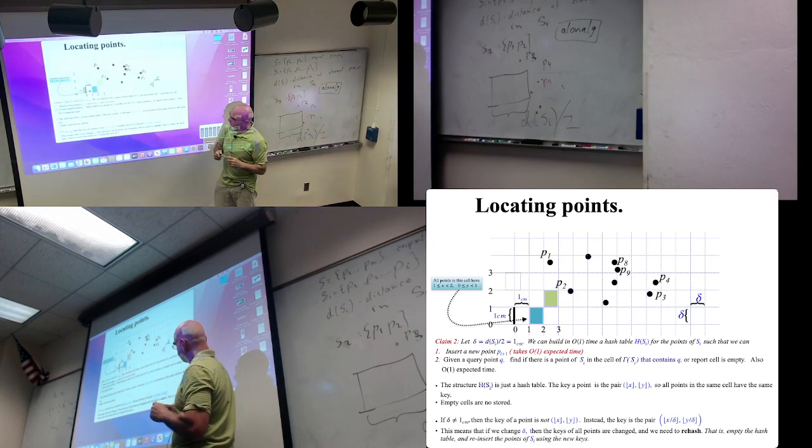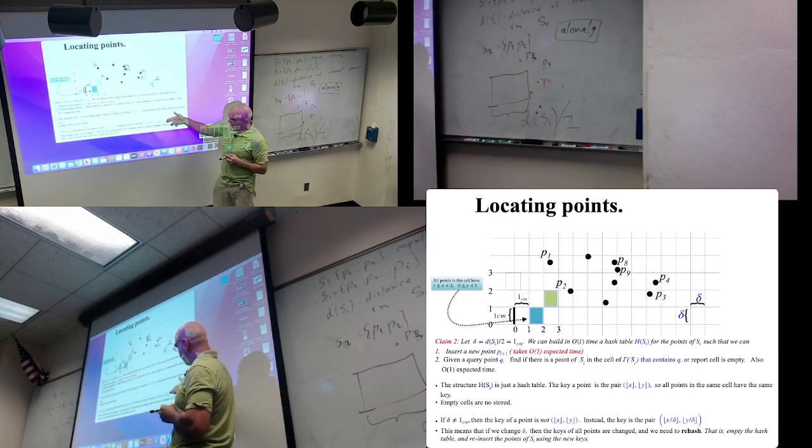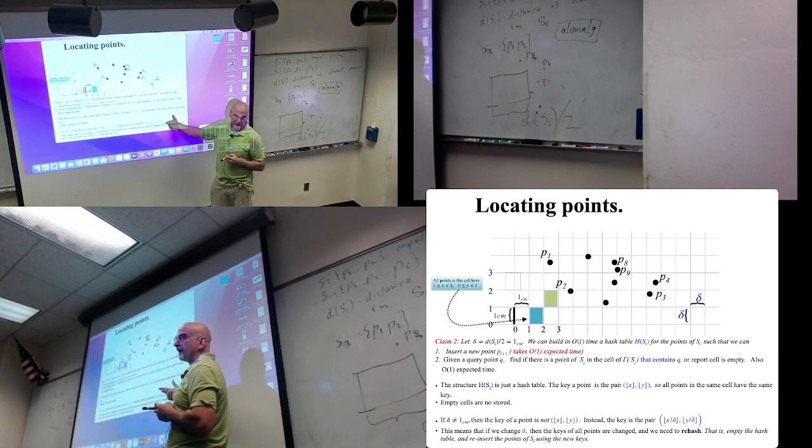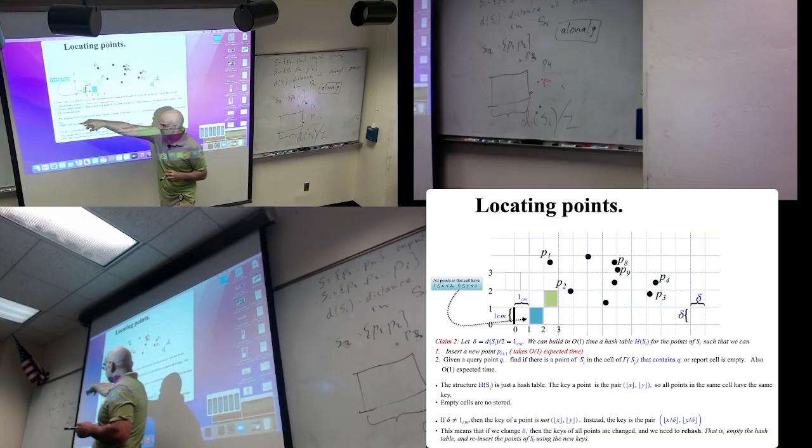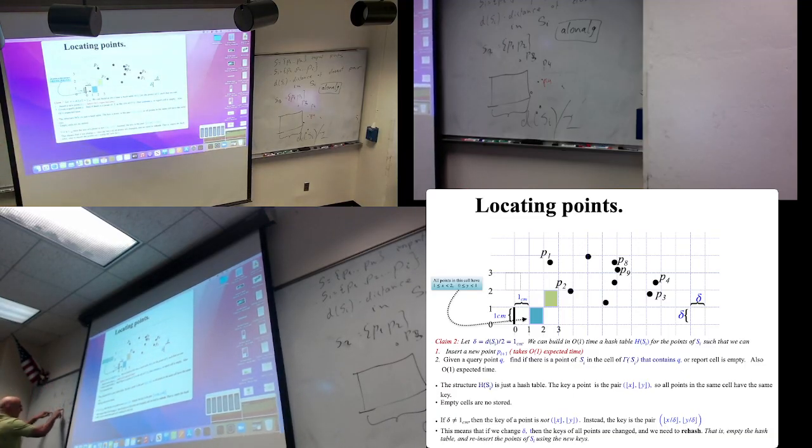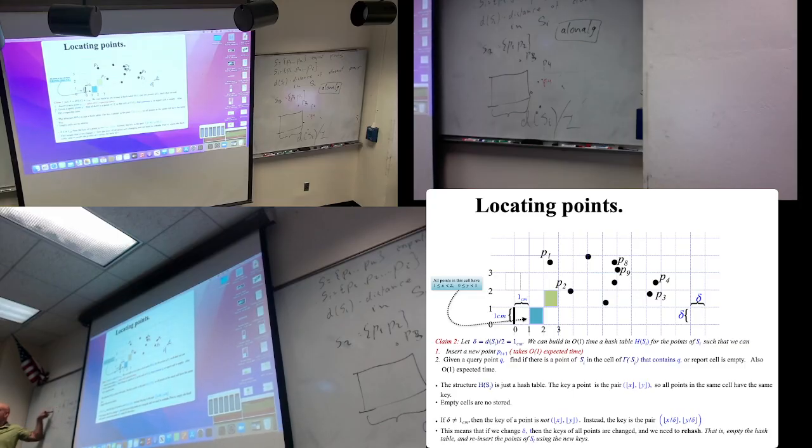But because I'm doing it, now my hash function, K1 and K2 were integers, but now they are different integers. The same point now needs to be stored at a different cell of the hash table.